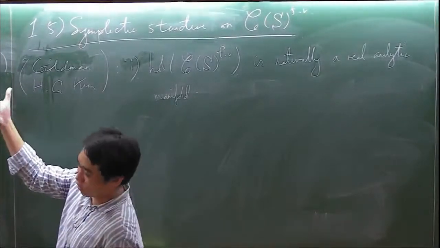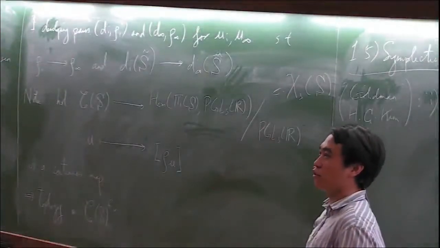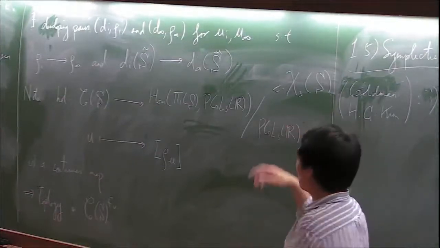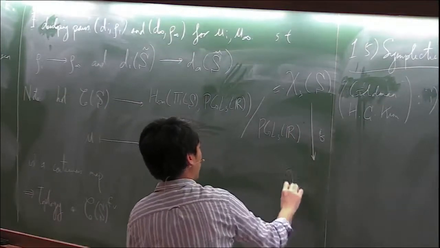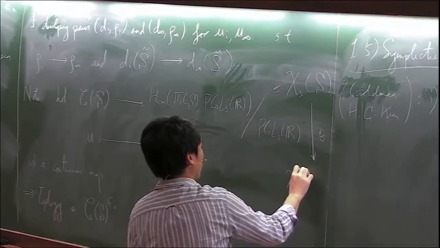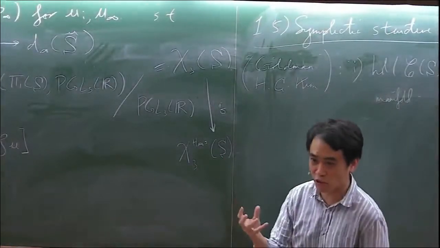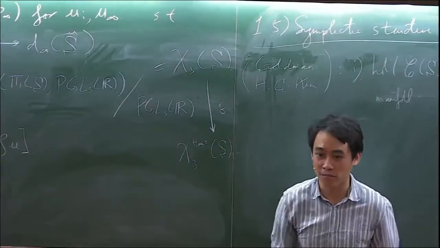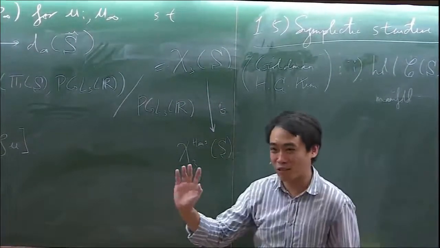But usually if you have a non-Hausdorff space and you want to make it nice, you take its Hausdorffification. So you can take a further quotient of this to get X3 Hausdorff of S. Basically what you do is you take the points that you cannot tell apart using open sets, and you just identify them. Then this part is something that I don't really understand.